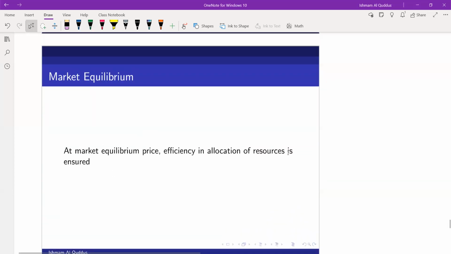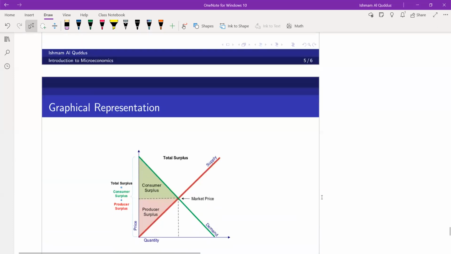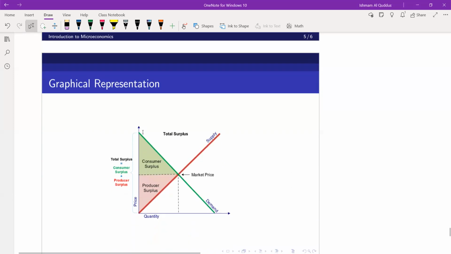So market equilibrium. Remember, we also talked about the supply and demand curve, and also the market equilibrium, how the market functions. So we found out that at the market equilibrium price, we reach efficiency. By that I mean that all the allocated resources are being utilized in the most efficient manner. Now, all of this can be explained graphically.